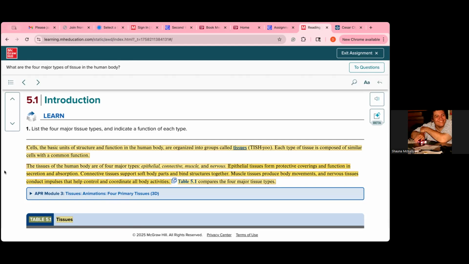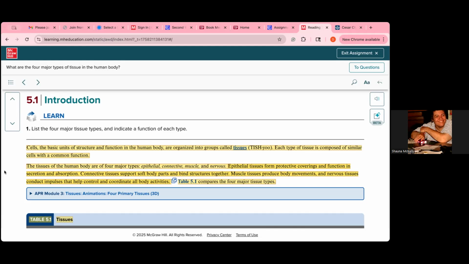Epithelial tissues form protective coverings and function in secretion and absorption. Connective tissues support soft body parts and bind structures together. Muscle tissues produce body movements, and nervous tissues conduct impulses that help control and coordinate all body activities.